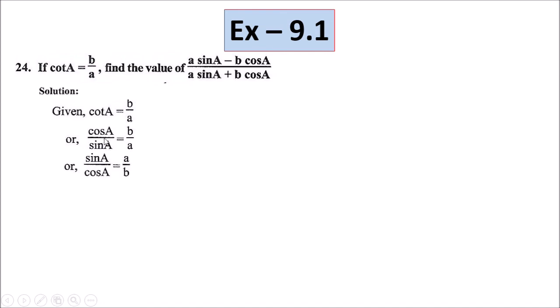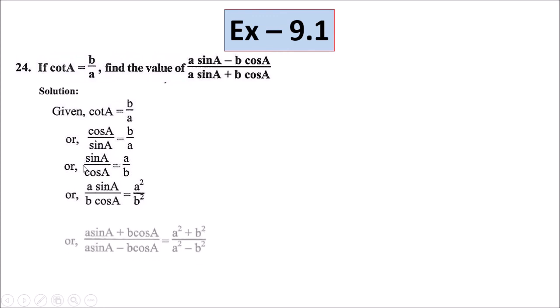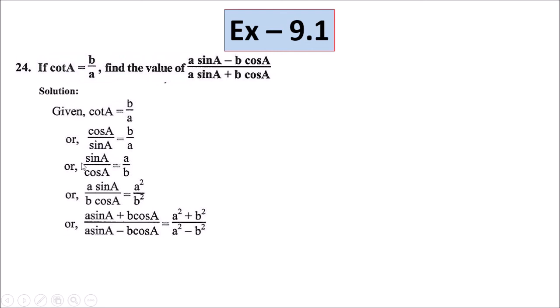We know this formula, that is cot A equal to cos A by sin A. I just did invertendo. Then I just multiply with a by b on both sides. In both sides I multiplied by a by b.